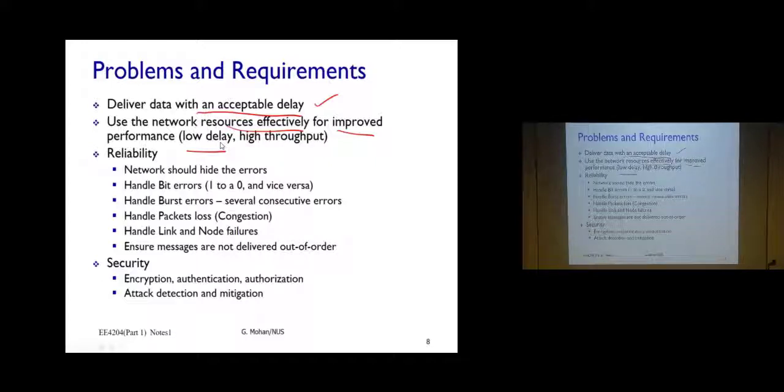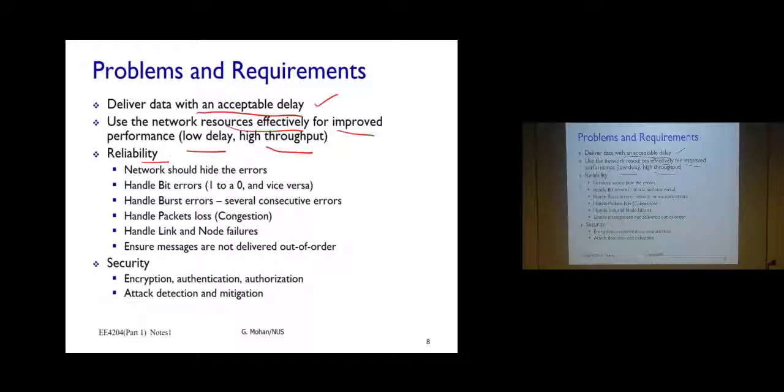The network should be able to transfer data within a short period of time. At the same time, it should provide high throughput. High throughput means how much data is transferred in 1 second. Whether you are able to transfer 100 million bits or 1 gigabit, or 100 billion bits in 1 second. So how many bits the network is able to transfer from one end to the other. So these are some requirements.